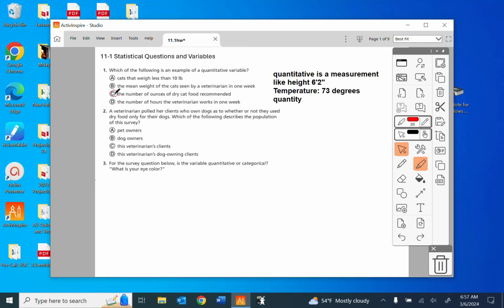Number of ounces of dry cat food recommended, that's not really a variable. Number of hours a veterinarian works in 1 week. Boy, there's lots of good choices on this one. But the key issue here is variable. I could make a justification for all of them, but I think the best one is the average weight of cats seen by a veterinarian in 1 week.